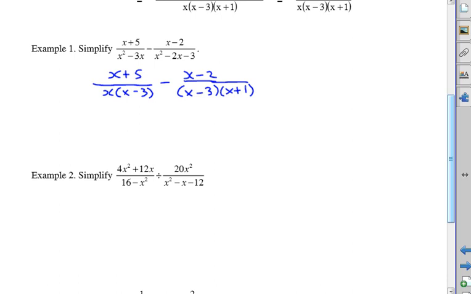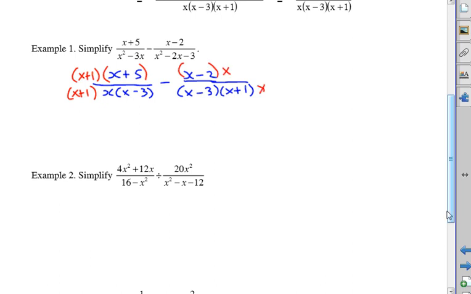Okay, now, do we have a common denominator? Can we make one? What do we need here? x plus 1. We'll add some brackets here, top and bottom. And what's missing on this side? An x. So x times x.